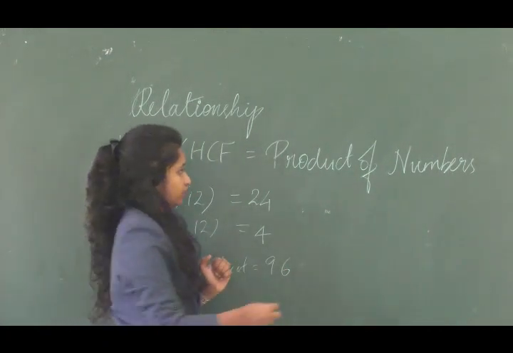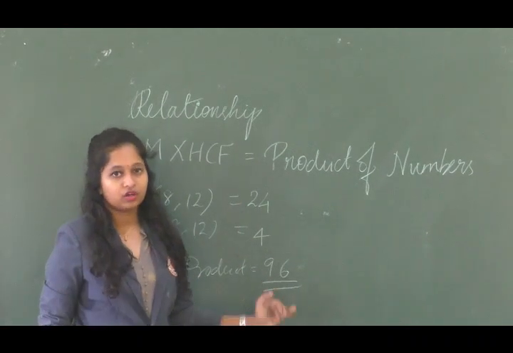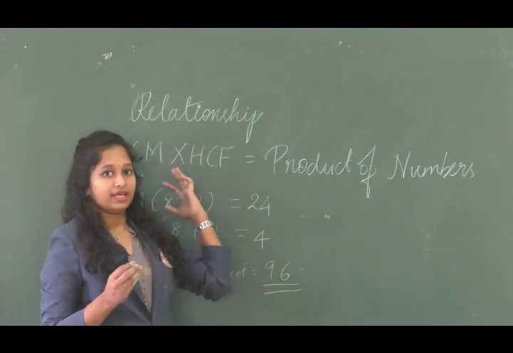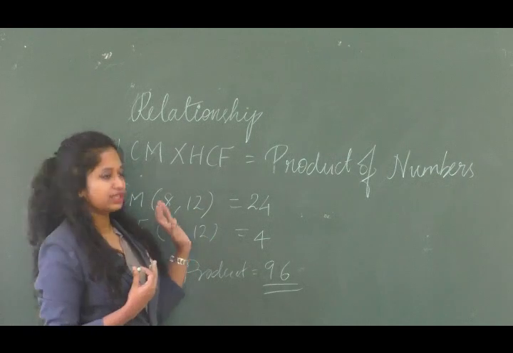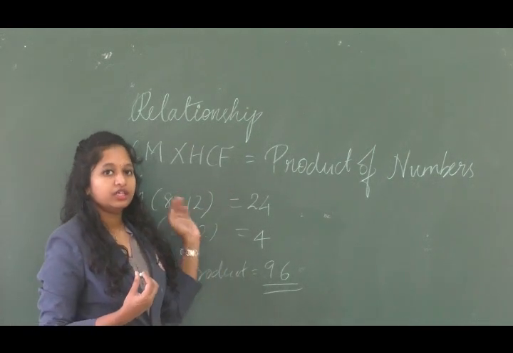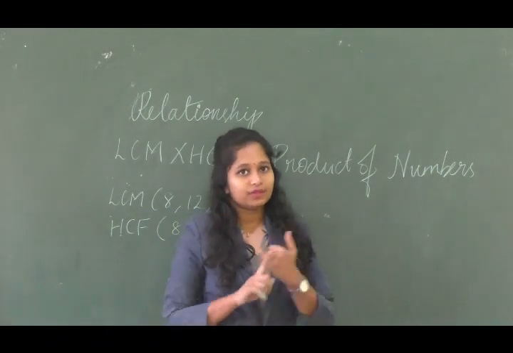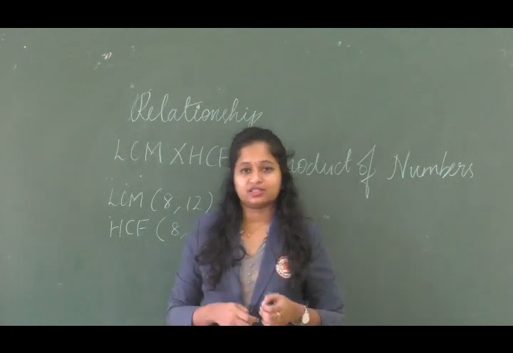The product of 8 and 12 is also 96. So we got that the product of LCM and HCF is equal to the product of the given numbers. Here the given numbers are 8 and 12 and the product is 96, and when you multiply the LCM and HCF also we get 96. So the answer is correct.